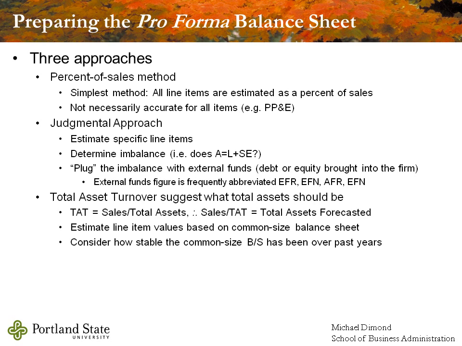What I'm looking for, if I'm going to use the total asset turnover method, is some sort of stability. Is the company actively managing their balance sheet to maintain the same composition of assets and composition of liabilities? From this, I'm still going to make some sort of adjustment based on, for example, the expected contribution to retained earnings and the expected dividend payouts that are going to come in. And so it comes back eventually to being a variation on the judgmental approach. I'm just starting with a slightly different start point.